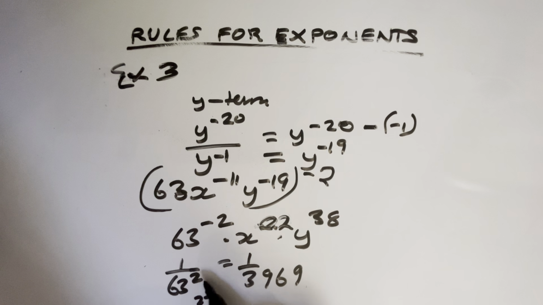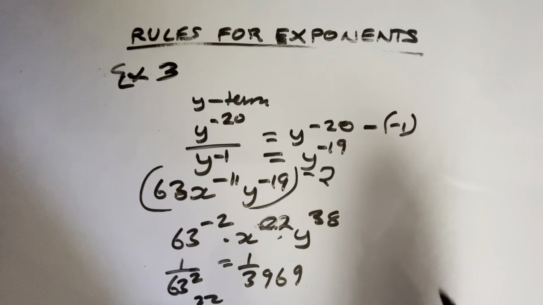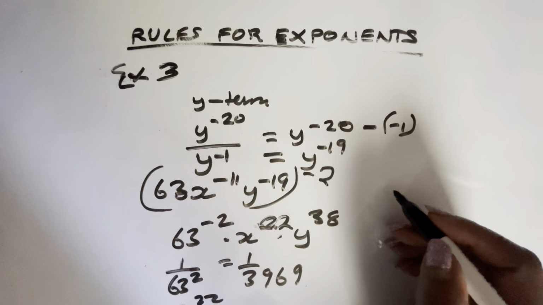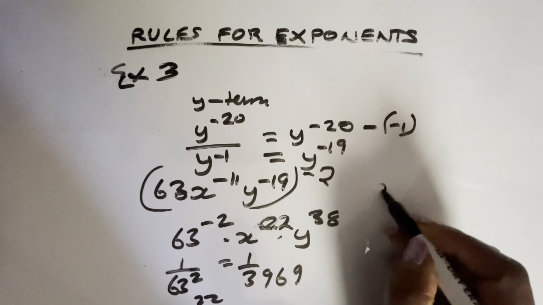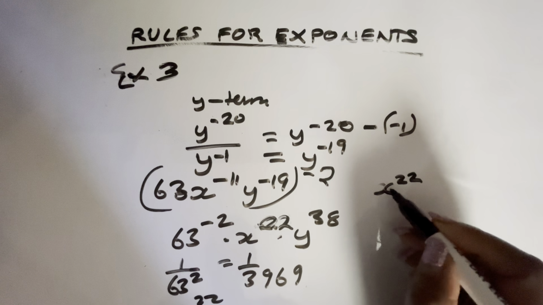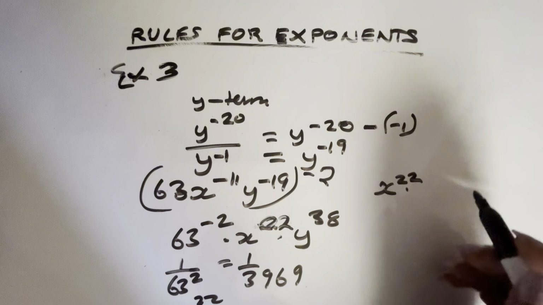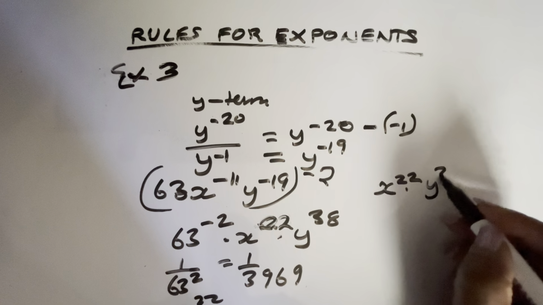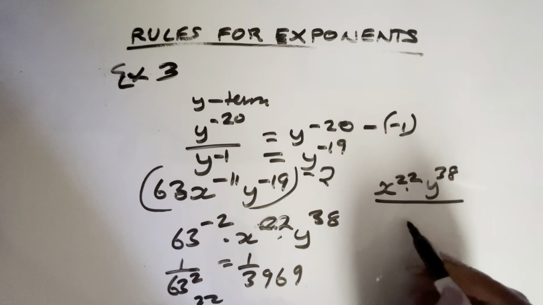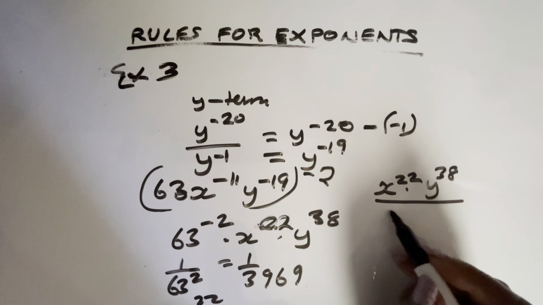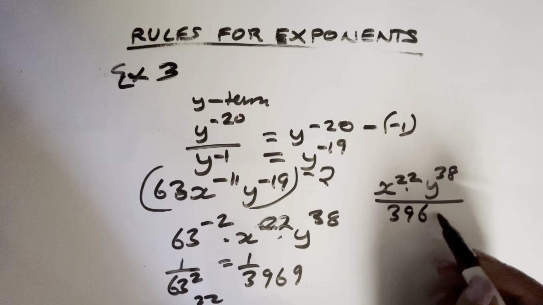So now 1 over 63 squared is going to be 1 over 3969. So our final answer now is going to be x to the power 22 times y to the power 38. All this will be over 3969.